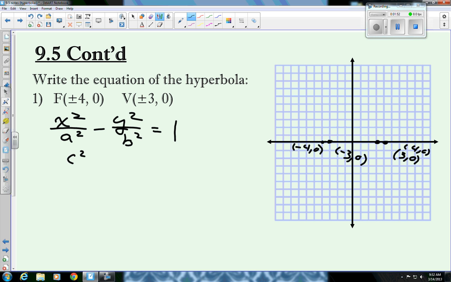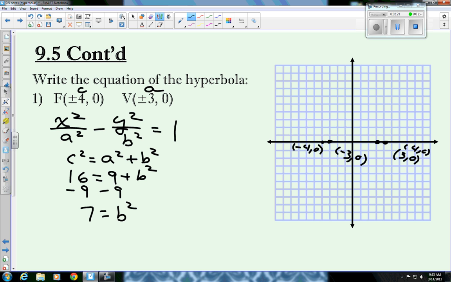So in my given information, this is my a, and this is my c. So c squared is 16 equals a squared, which is 9, plus b squared. Subtract 9, so that would be 7 equals my b squared.